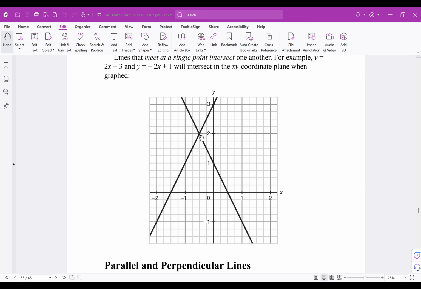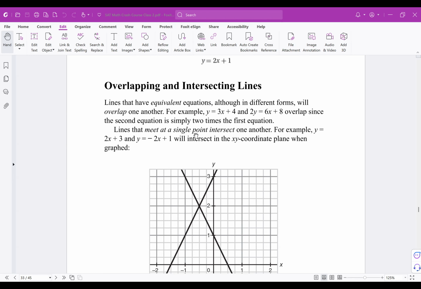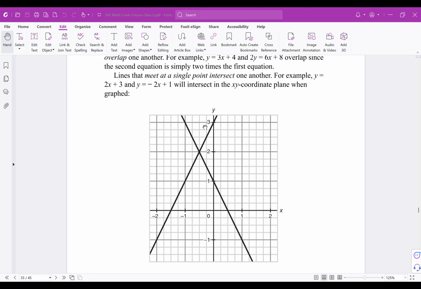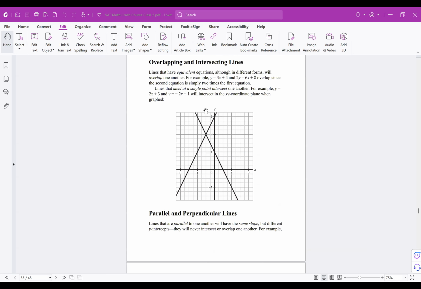You got it? So this is basically the connection between algebra and geometry, specifically the connection between linear algebra and linear coordinate geometry.